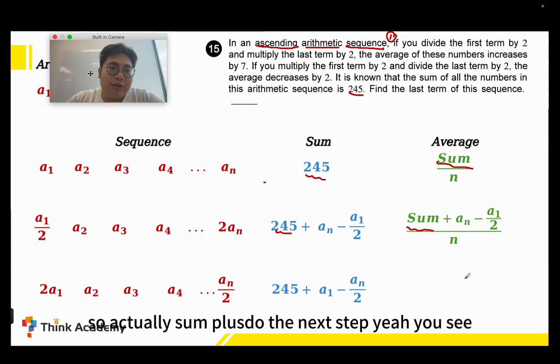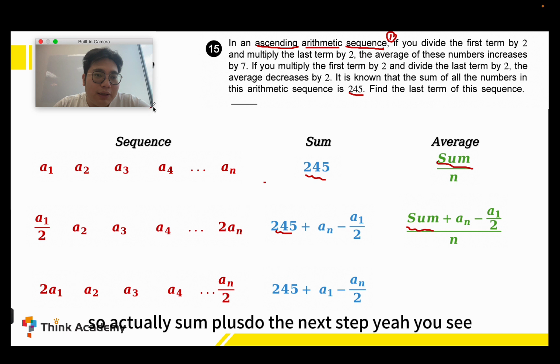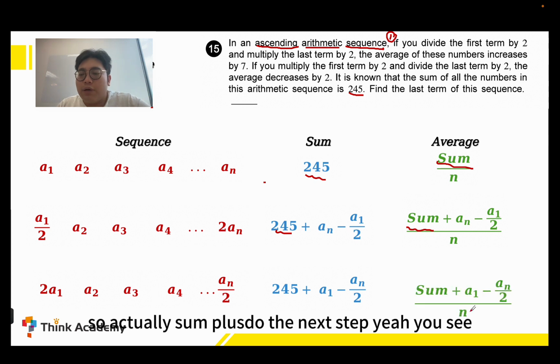In this way, how will the average change? The sum will be plus A1 minus AN over 2, divided by n to calculate the average.